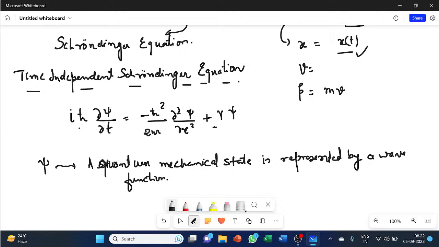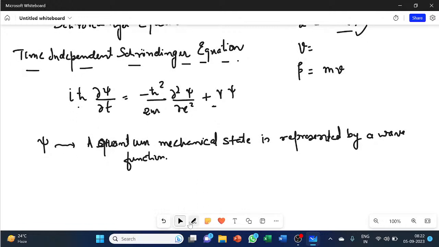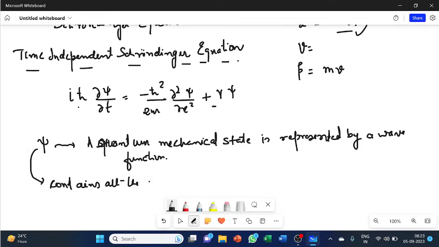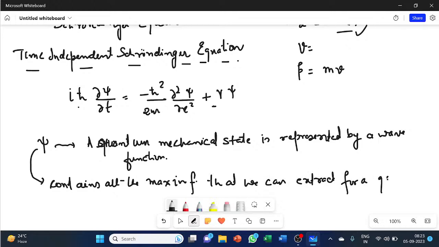Okay, so whatever information we can get about a quantum mechanical system is contained in this psi. So this particular psi contains all the maximum information that we can extract for a quantum mechanical system.